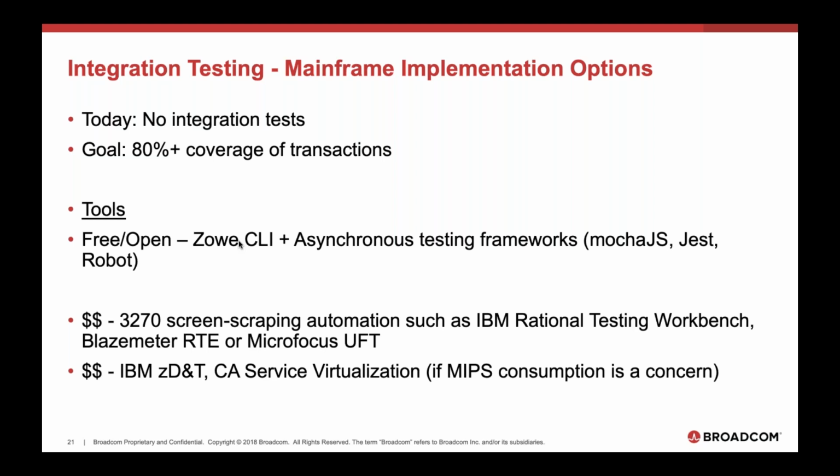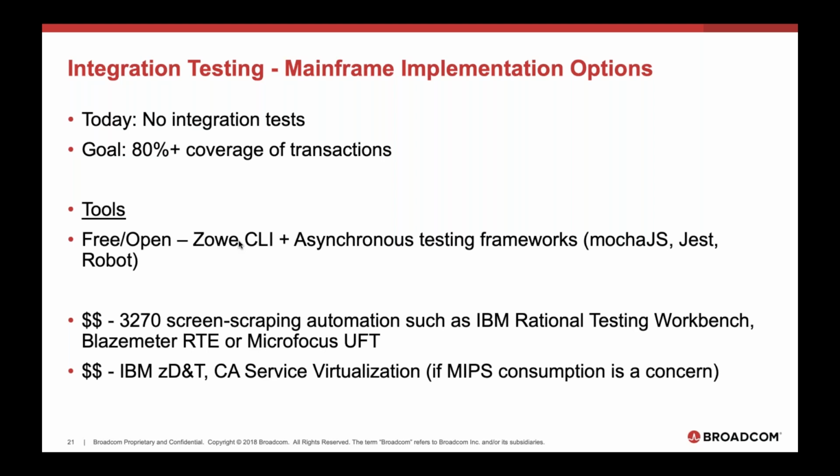And then in terms of tooling available to perform this testing, from a free or open source perspective, you might have heard of Zowe CLI, the open source command line interface project. The combination of Zowe CLI plus some asynchronous testing frameworks like mochaJS, Jest, or Robot. Some of these are JavaScript based, Robot is Python based.